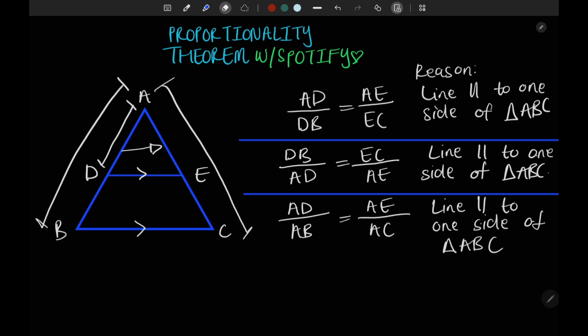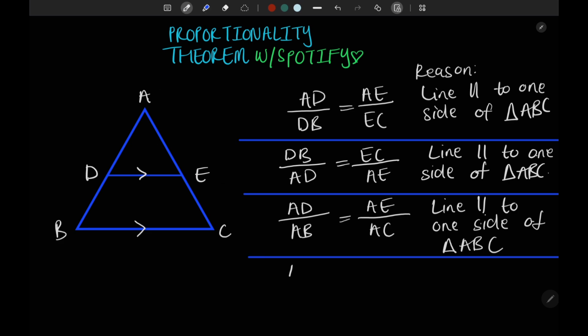Now, there are different ways in which you can do this. For now, let's just do 4 ways in which we can prove the theorem. Let's do AB. AB is the entire length from here all the way to there over DB. DB is from here to there is equal to, we had AB in the numerator. The sides have to match.